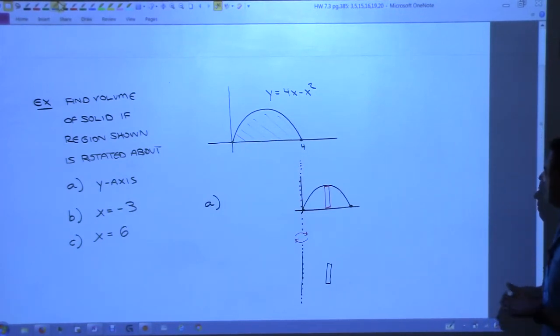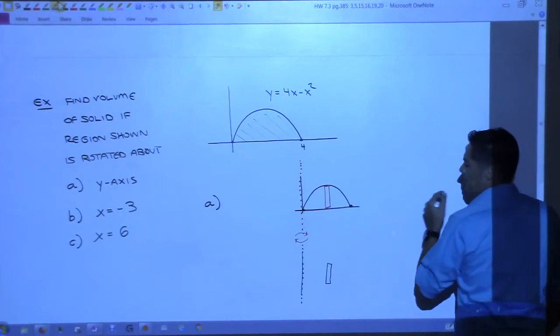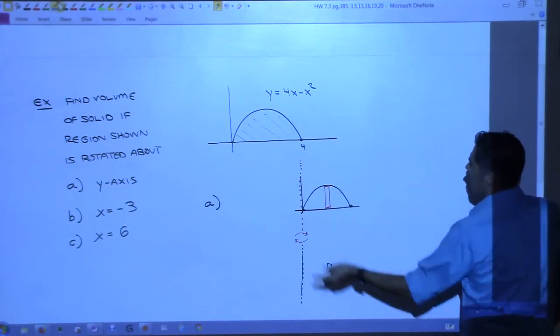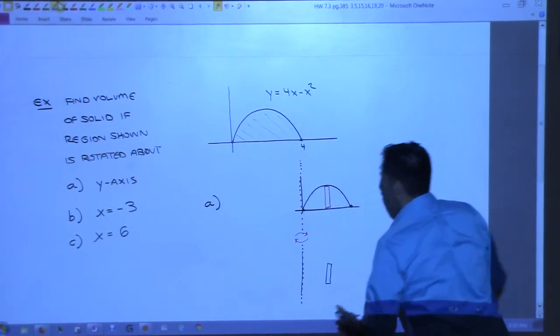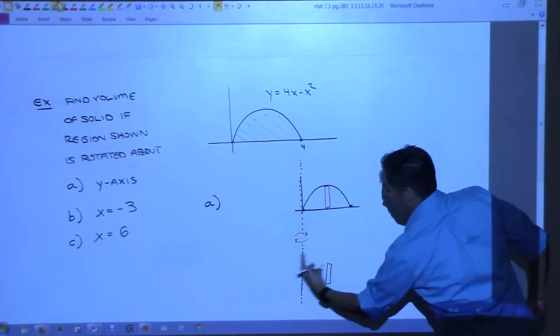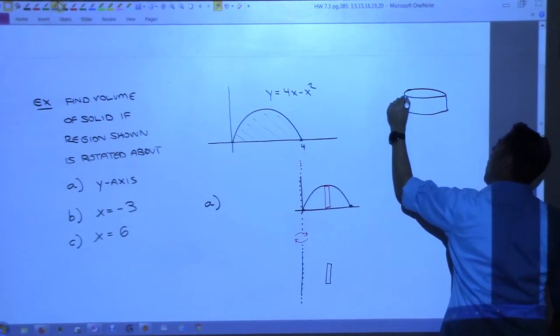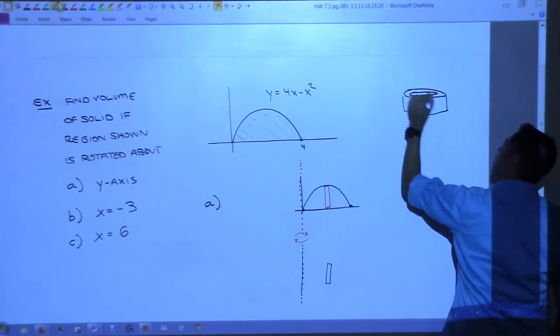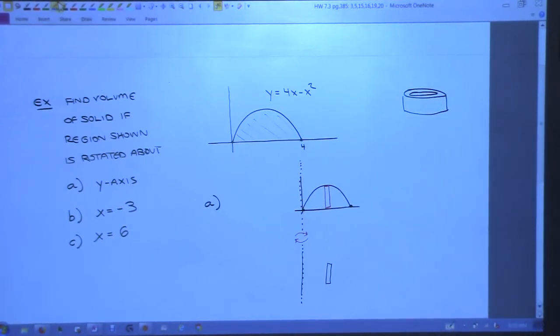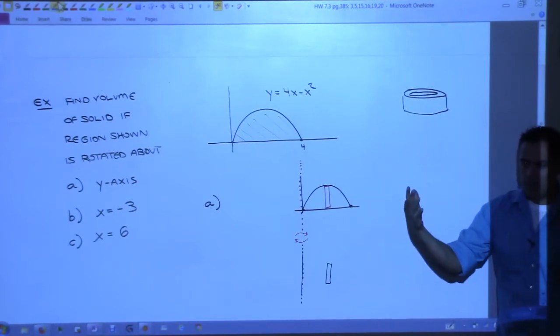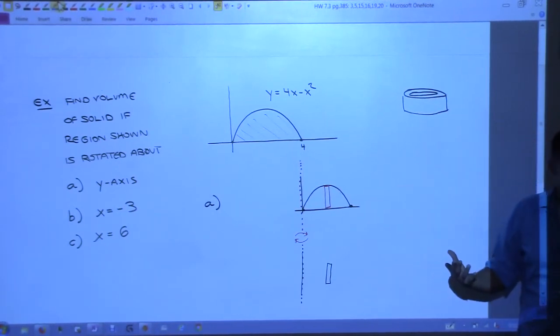And then go back and look at, I'm going to have to bring this up here. Normally I draw this below that, but if I wrap that rectangle around, I get this shape here. And this is where last class what we did was we came in here and we cut it and we laid it open and we came up with a formula for it, right?